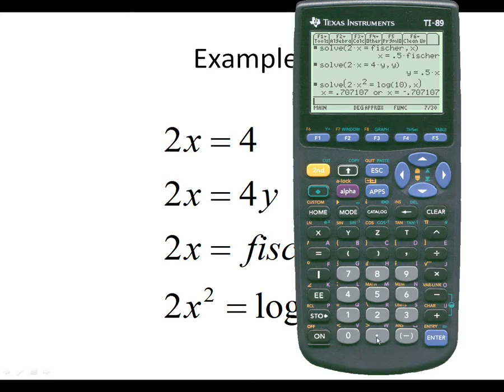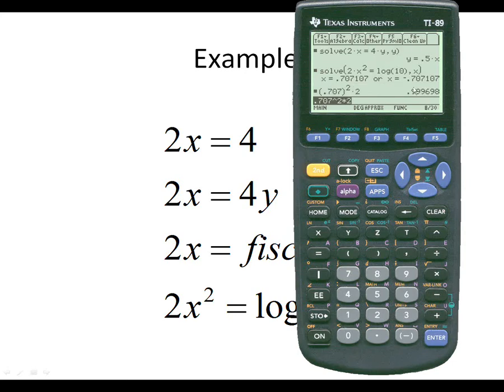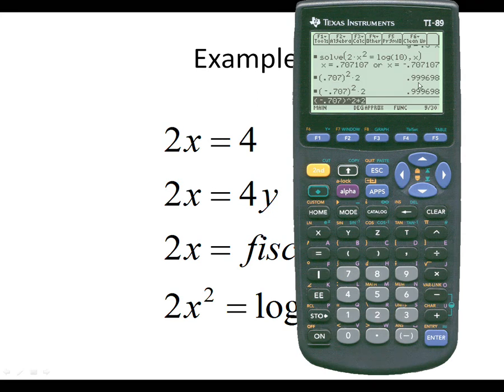If I plug in 0.707 squared times 2, that'll give me log base 10 of 10, which is 1. Or if I do the same thing with negative, so here's the same calculation but with negative 0.707, also gives me the same thing. You can see why, because it doesn't matter if you square a positive or a negative, it still gives you the same answer.